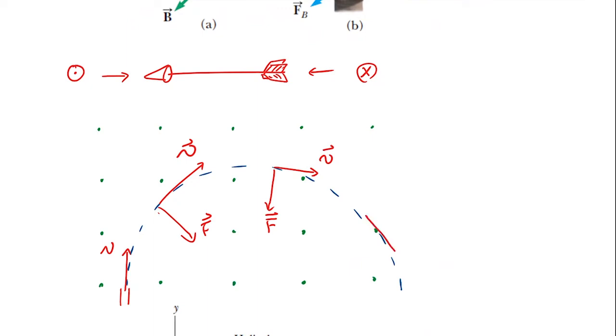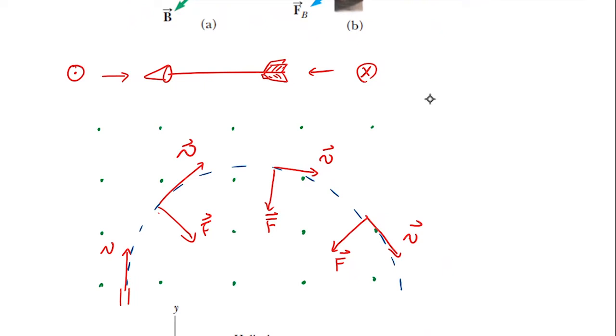And if velocity is that way, then force is that way. In other words, this force due to the magnetic field is centripetal force. So we're going to tie that together with the mechanics. So far with me? Okay.